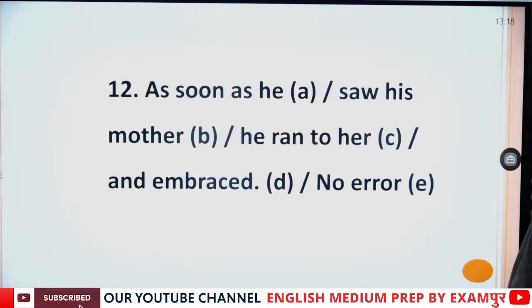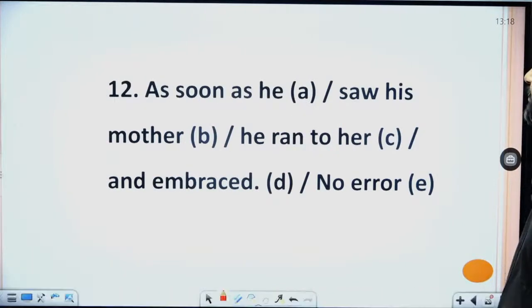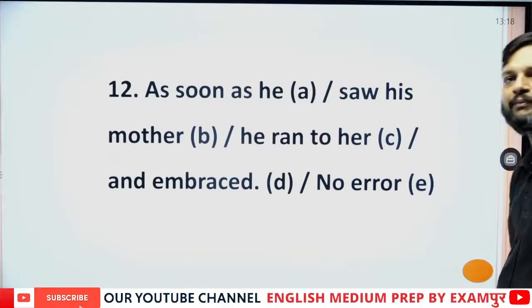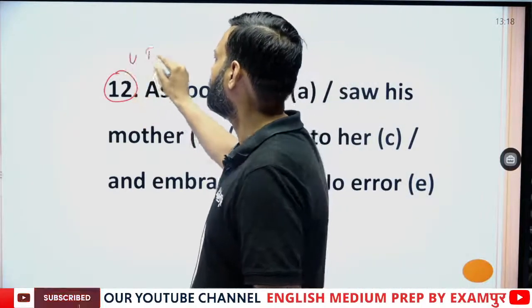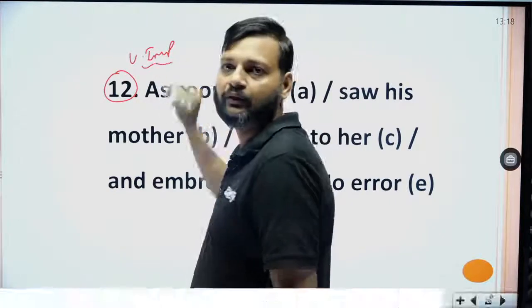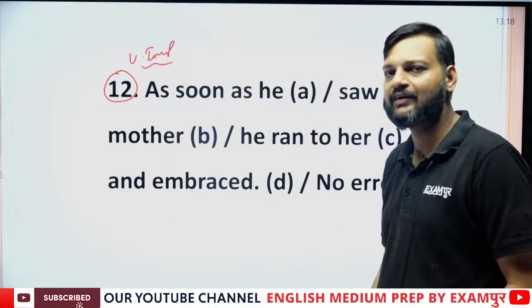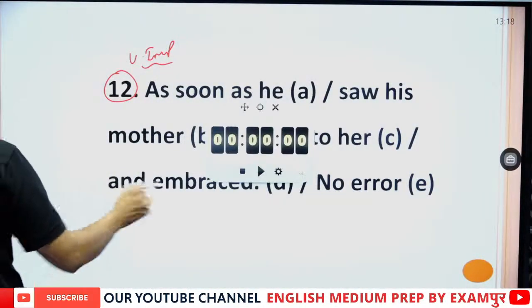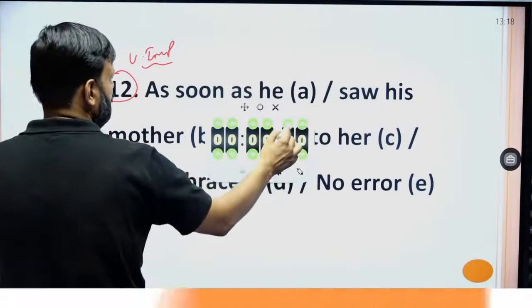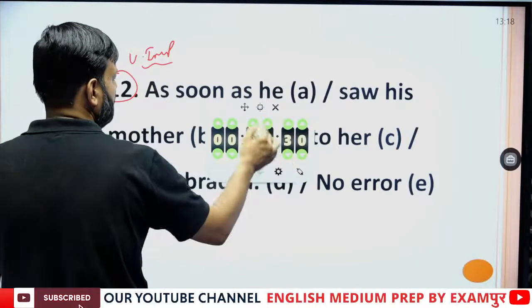Now the next question. Question number 12. As soon as he saw his mother, he ran to her and embraced. Now this is a very important question. You have 30 seconds. Let me set the timer. I forgot to set the timer today. Let's set the timer. You have 30 seconds to solve a question.